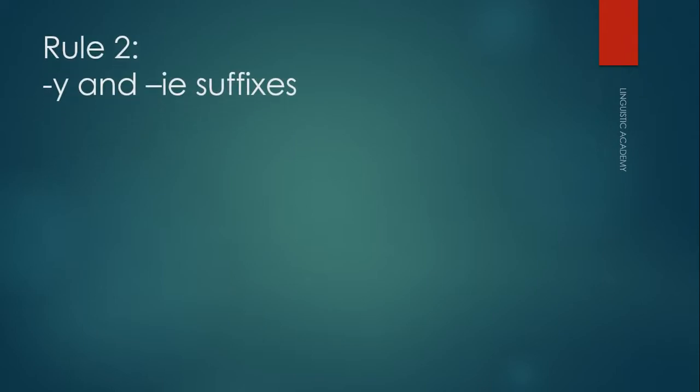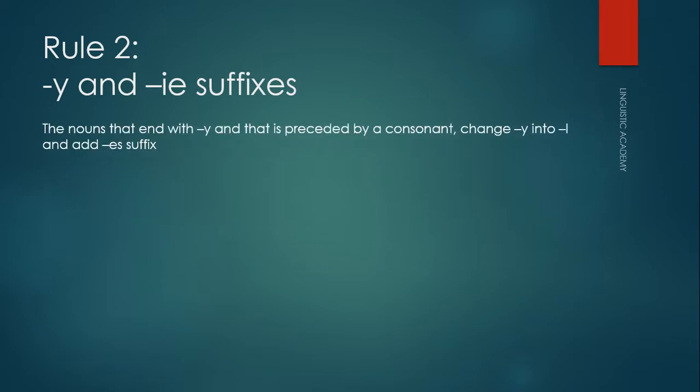Y and IES suffixes. According to rule 2, if the nouns end with y and this y is preceded by a consonant, then we replace this y with I and add es at the end. For example, sky, skies.